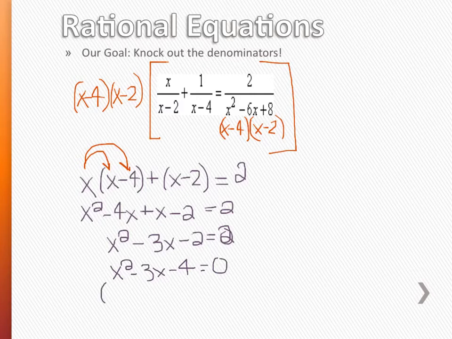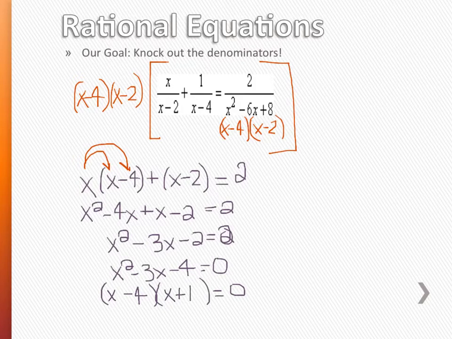When we break that up, we have to think about what two integers would get us a negative 4 when they're multiplied, but when added together would give us a negative 3. After spending some time thinking about that, we can see that it would be a negative 4 and a positive 1.